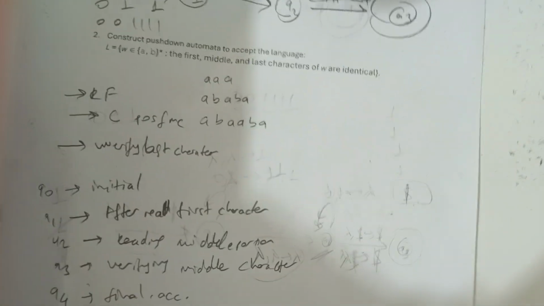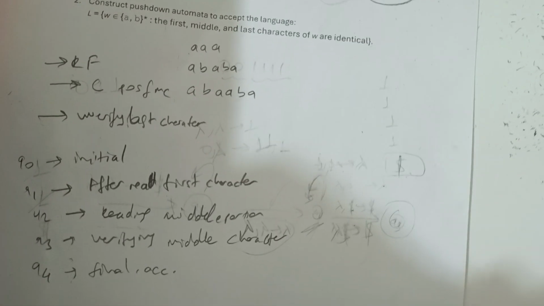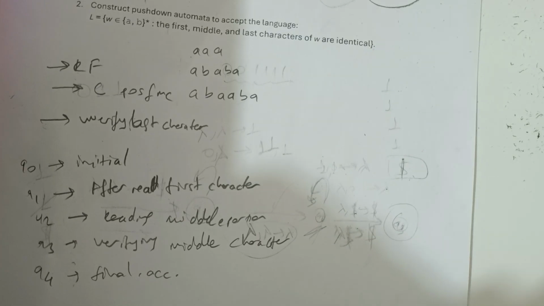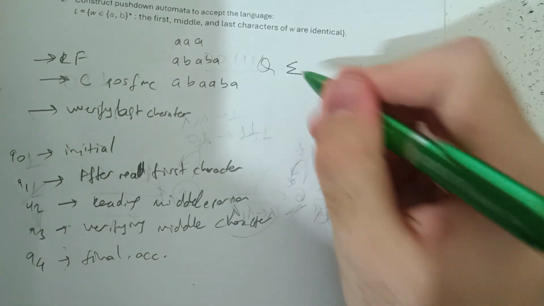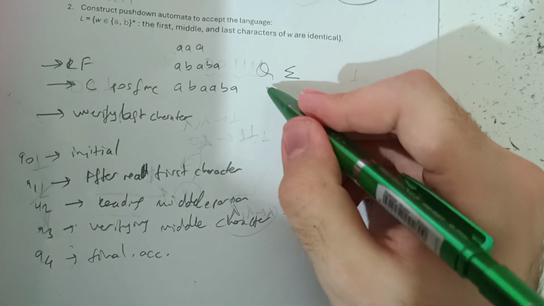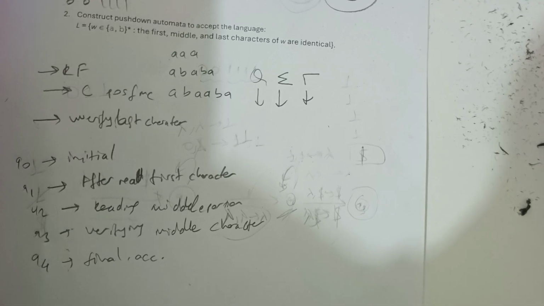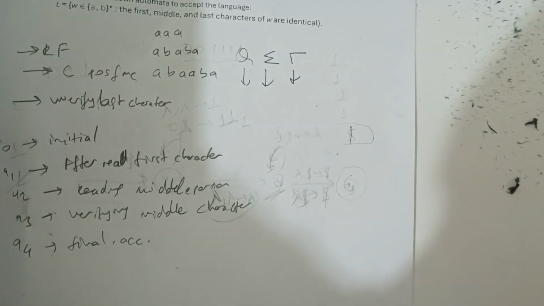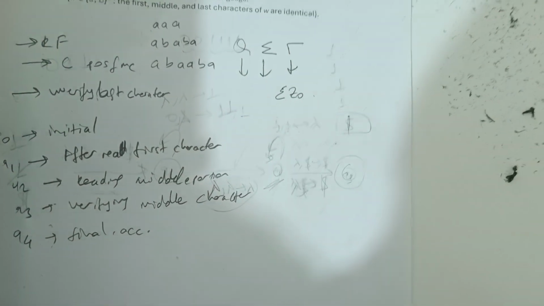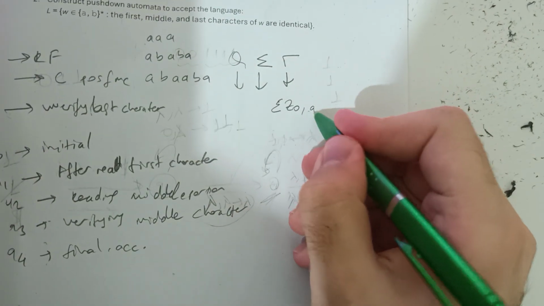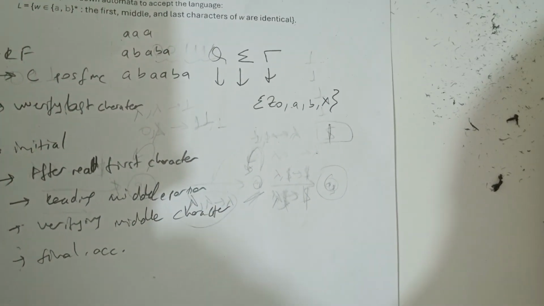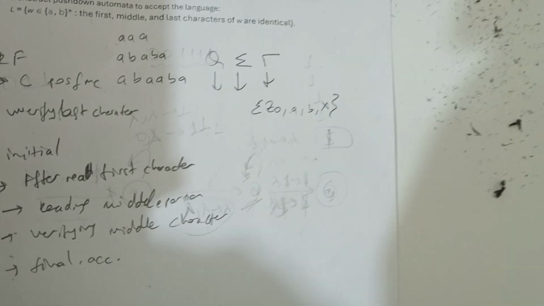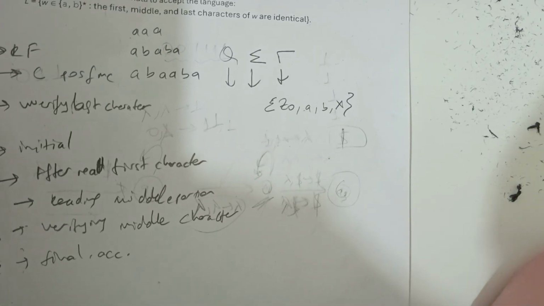Start and store the first character, but we will use the input alphabet A and B. The stack alphabet is A, B and X. Q0 is the initial state.